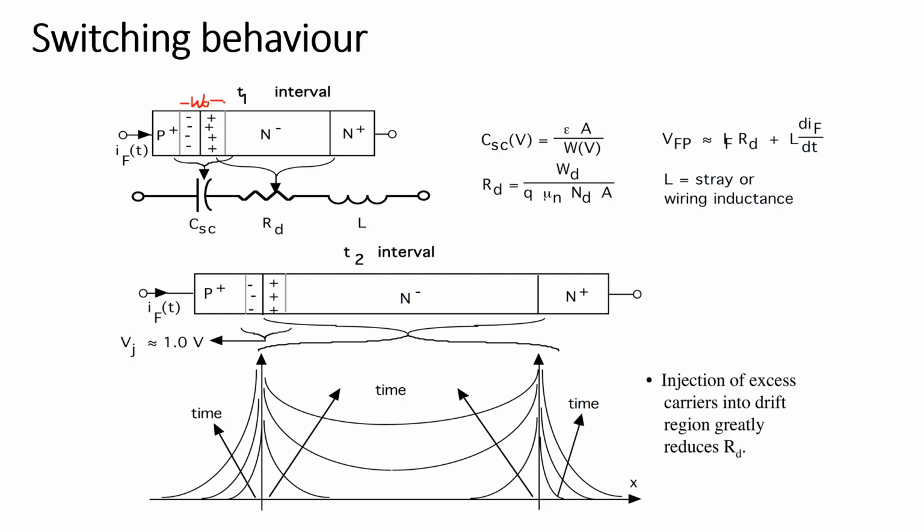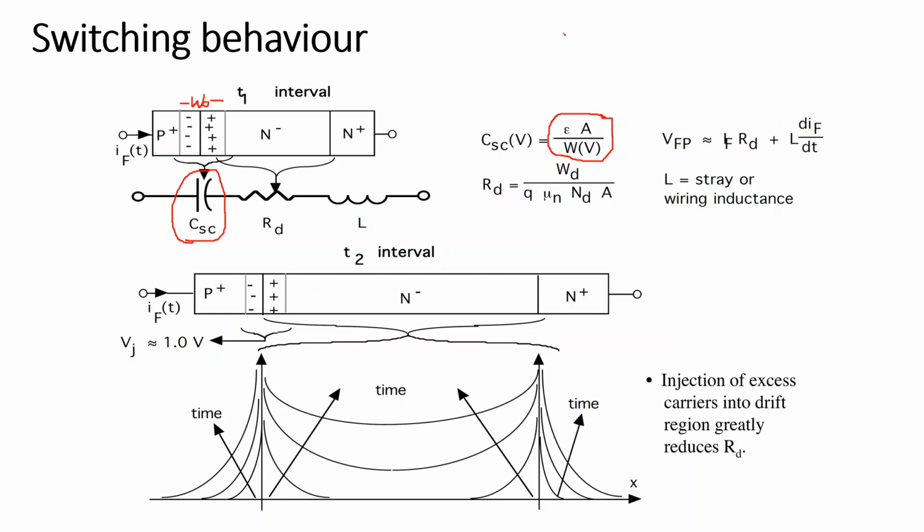Because of this depletion region, which has positive charge at one end and negative charges at the other end, a capacitance is formed, denoted here by CSC. The value of this capacitance is given as epsilon A divided by W, where A is the area of the plates of a parallel plate capacitor, and W is the distance between the plates.